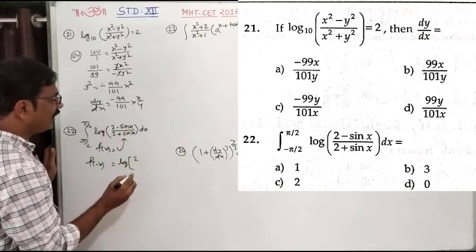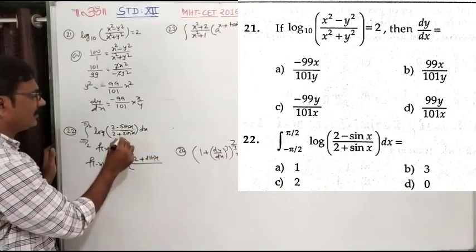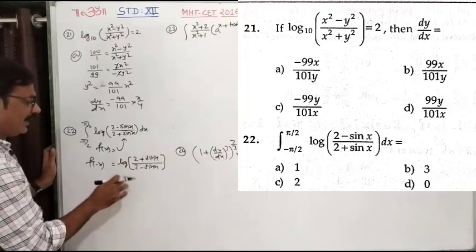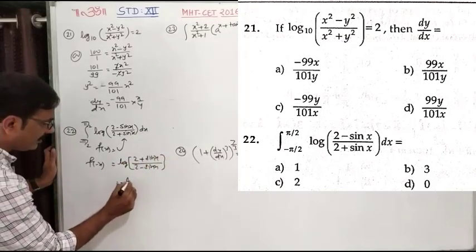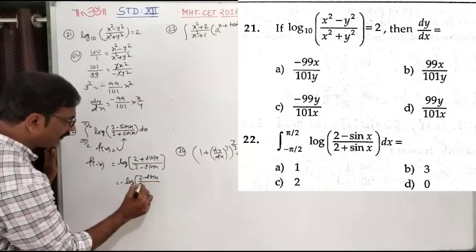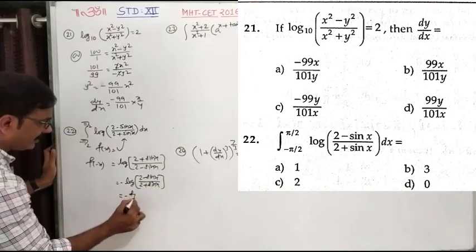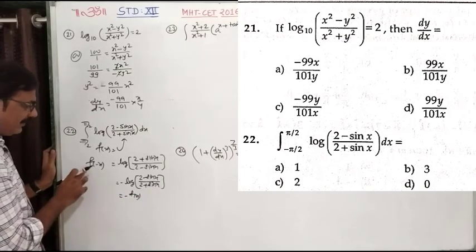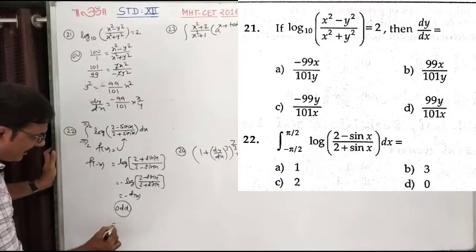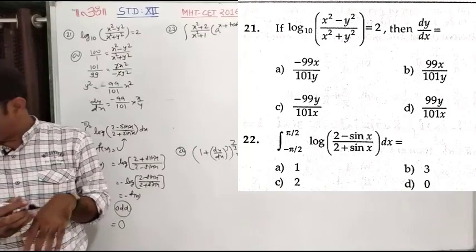Sin of minus theta, minus sin theta, so this will become plus, and again this will become minus. Okay, if we invert this, it will be minus. So minus log of 2 minus sin x upon 2 plus sin x. It is your f of x. So f of minus x is minus f of x. The function is odd, answer must be 0. Simple. So question 22, option is D.